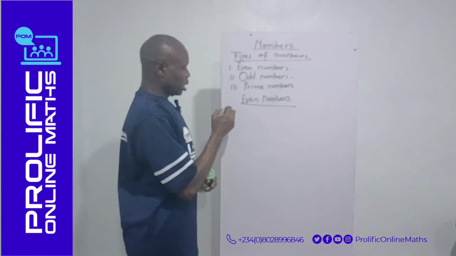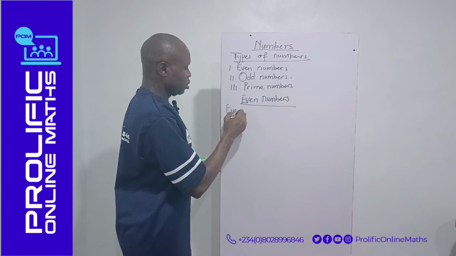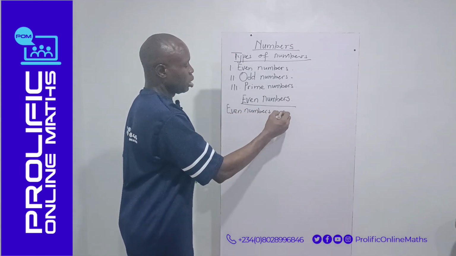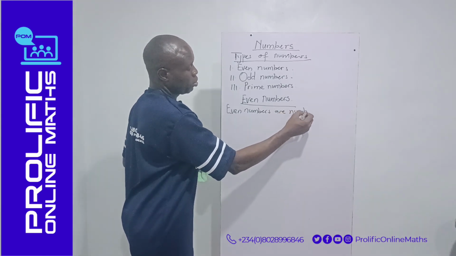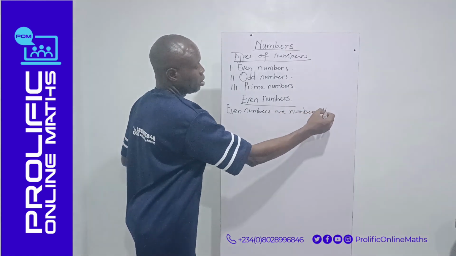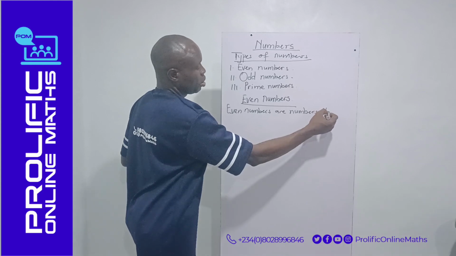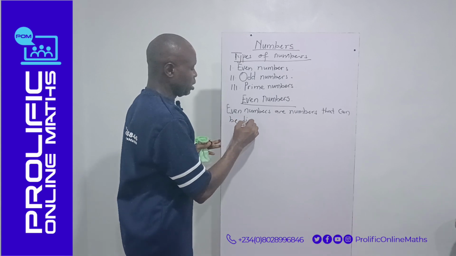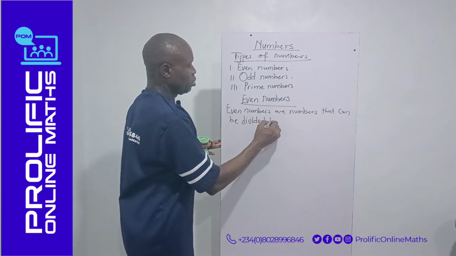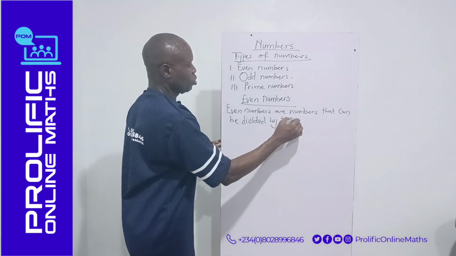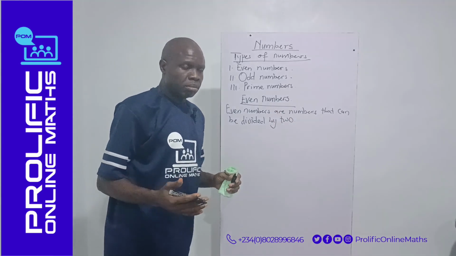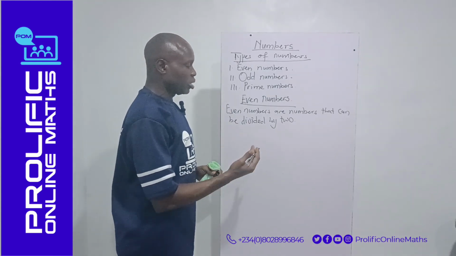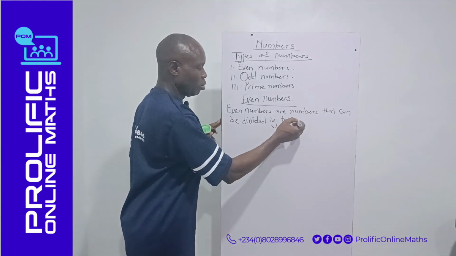So let's look at the definition. Even numbers are numbers that can be divided by 2. Other numbers could divide them, but majorly any number that 2 can divide is referred to as an even number.